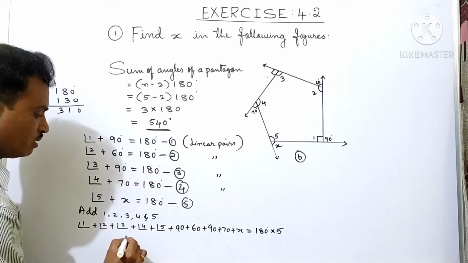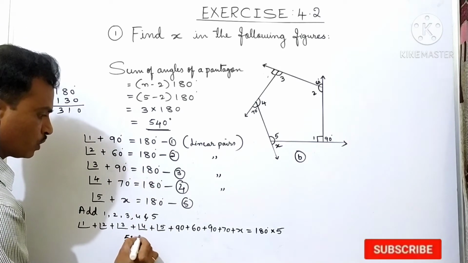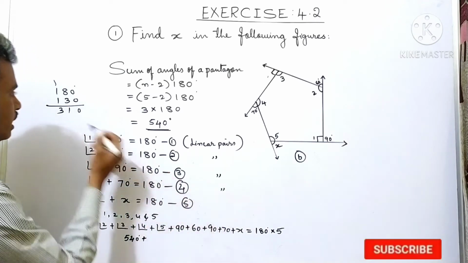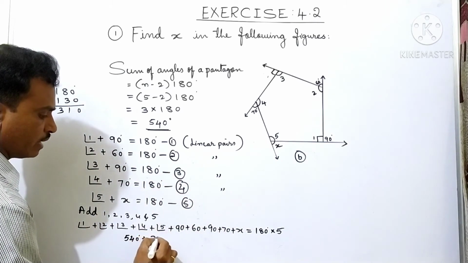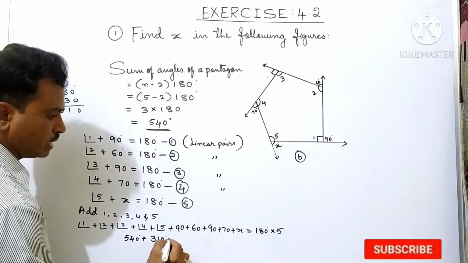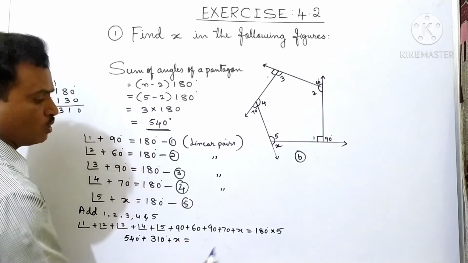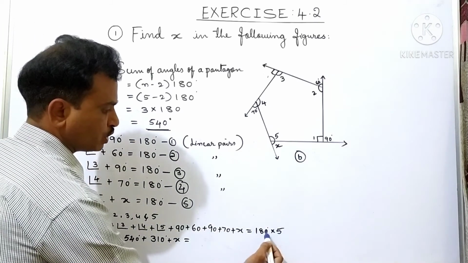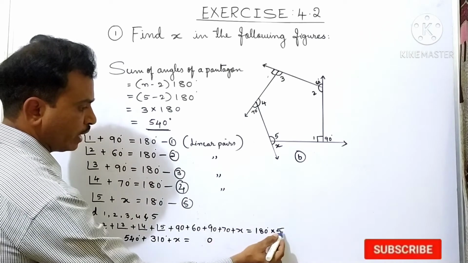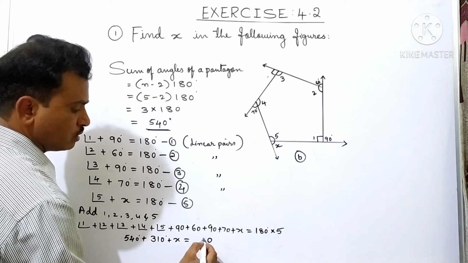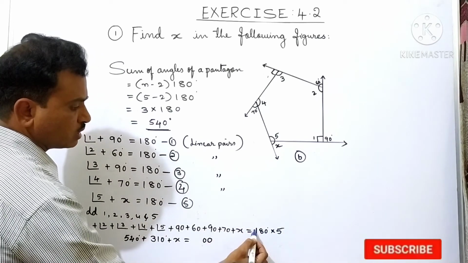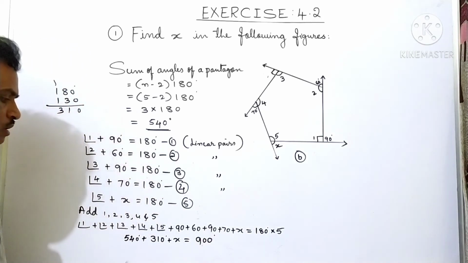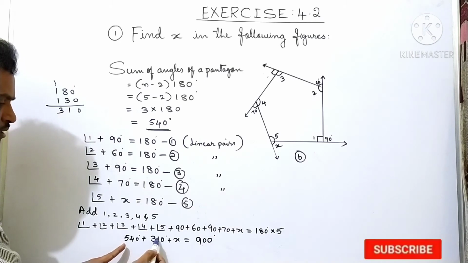So we will take 540 degree plus 90 plus 60 plus 90 plus 70, that is equal to 310 degree plus x is equal to, now 180 into 5 you should multiply. 5 zeros are 0, 5 8s are 40, 4 carry 0 here, 5 1s are 5 plus 4, that is equal to 900.